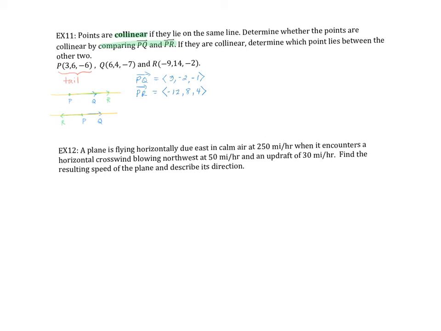Okay, so are these parallel? Well, if I take negative 4 and I multiply it by PQ, which is 3, negative 2, negative 1, then that's going to be equal to negative 12, positive 8, positive 4. So these guys are parallel. And since they're parallel, it must mean that they're collinear, because not only are they parallel, but they have the same tail P. All right, so I know they're collinear.